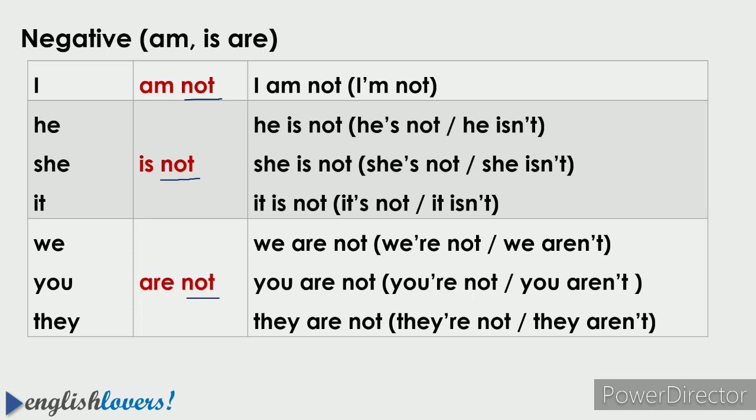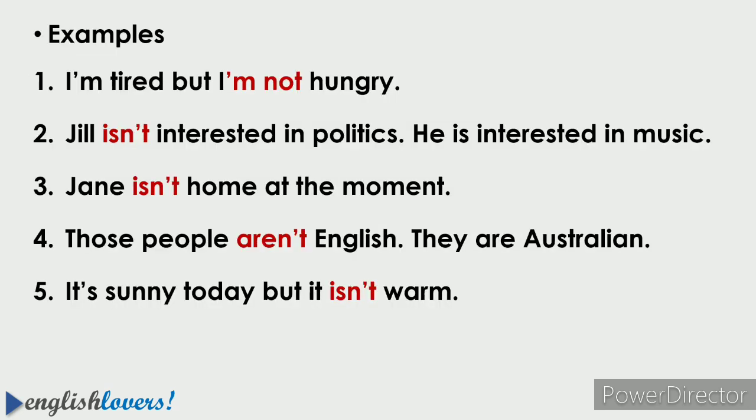Here are some examples of negative forms. I am tired, but I am not hungry. So after am, not is put, and its contraction is I'm not. Bill isn't interested in politics. He is interested in music. So isn't is the contraction with not. Jane isn't home at the moment.